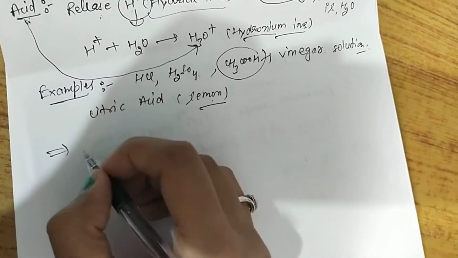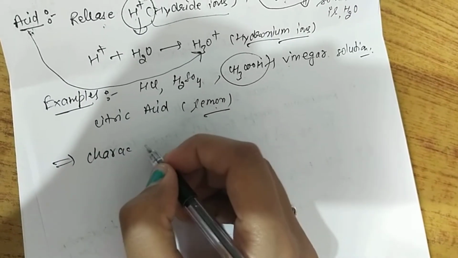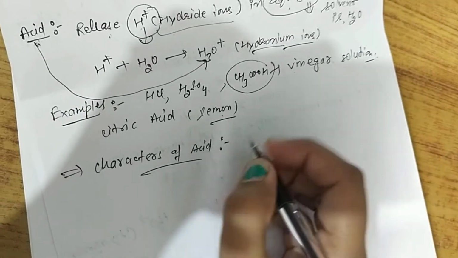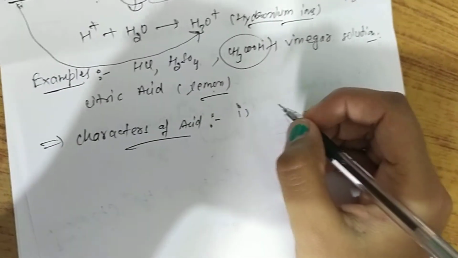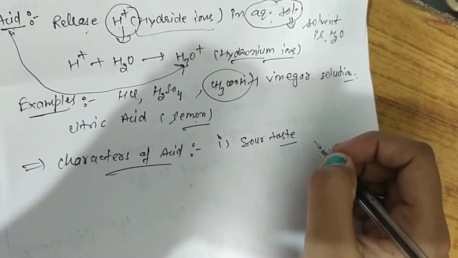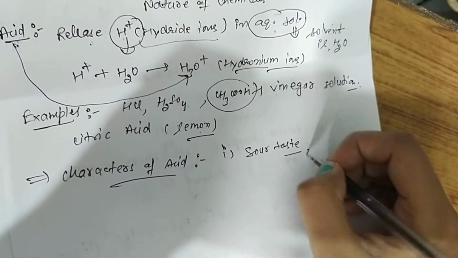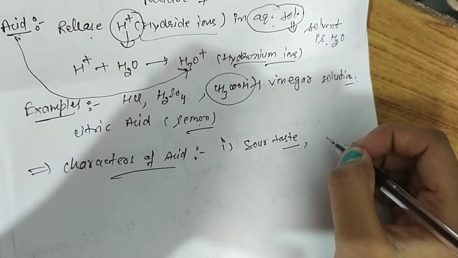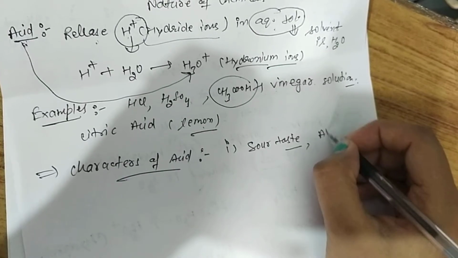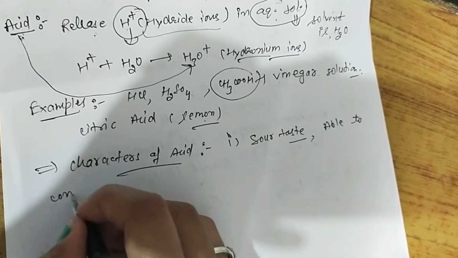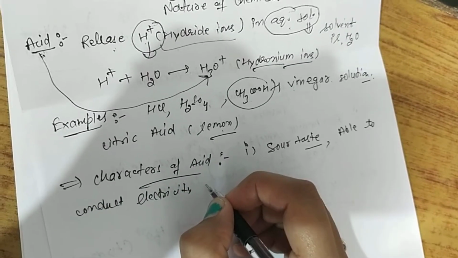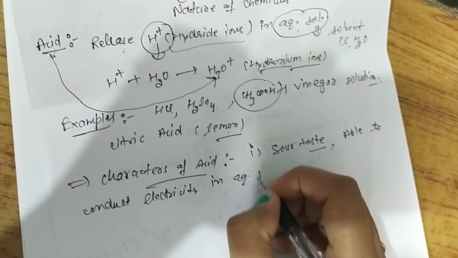Now, some characteristics of acid. First, acids are sour in taste. They are able to conduct electricity in aqueous solution. Almost all acids are able to conduct electricity in aqueous solution.